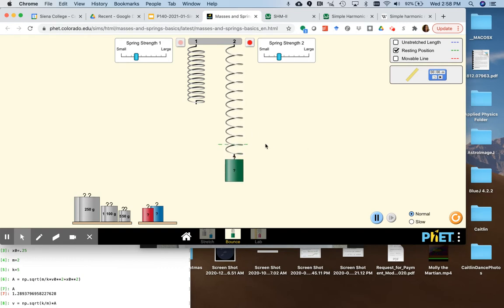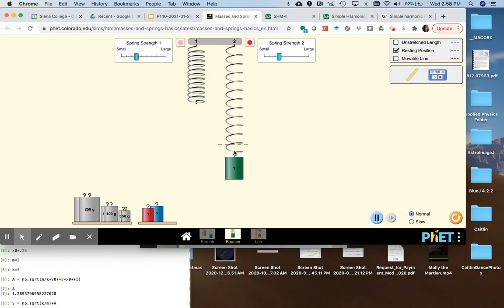Okay, so important positions to think about: when the mass gets down to the end of wherever it's going to travel, at that particular point, it's turning around. So it's moving down, it stops momentarily, and turns around back toward the equilibrium position. So either at the minimum or the max of its position, its velocity at that instant is 0.